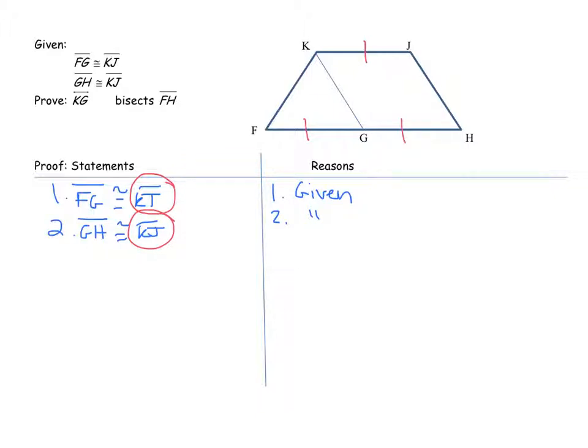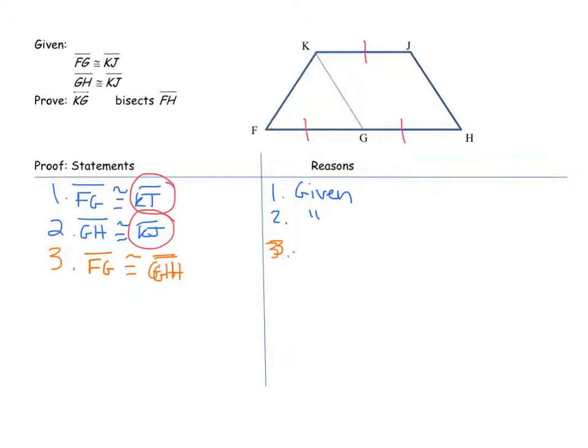So I'm noticing that KJ is occurring here twice. That's a pretty big clue to me. The transitive property says if two segments are congruent to the same segment, then they're congruent to each other. So I can now say that FG is congruent to GH.